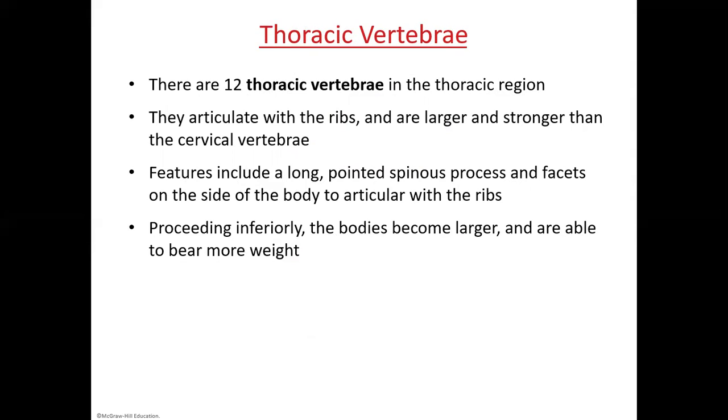Because of this, these vertebrae have to be bigger and stronger than the cervical vertebrae because they form another joint. They have slightly different processes and facets. And they're larger, thicker, because the further down the spine you go, the more weight each vertebra is holding, because it's holding everything above it up against gravity.